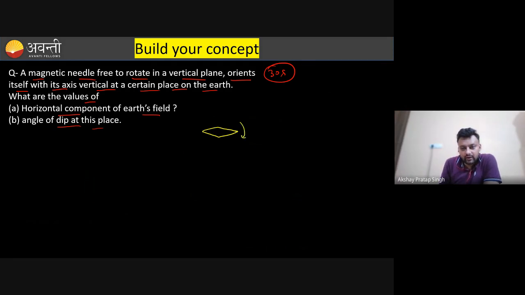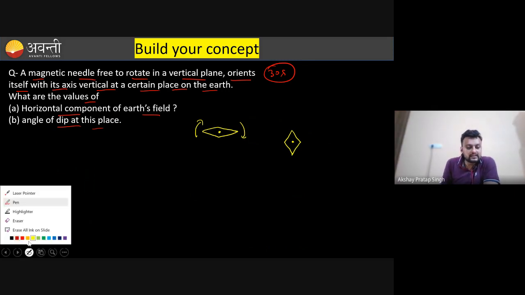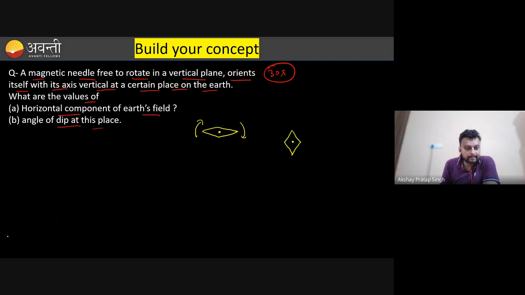It becomes vertical, it orients itself as shown. What does it mean? That it is at the poles. It happens at the poles.